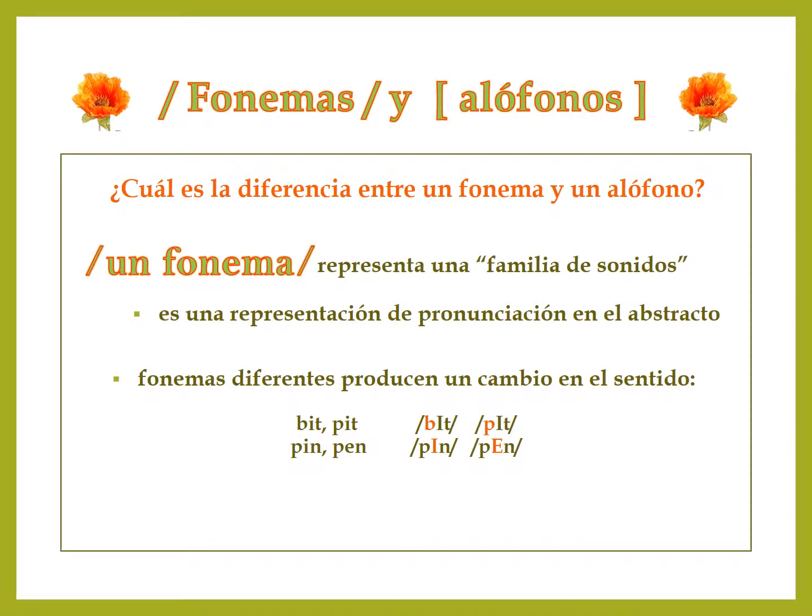So if you remember back to when we talked about minimal pairs, for most of us English speakers in the United States, this forms a minimal pair with the vowels being different. But in some areas of the South, they're both I, pin and pin. But for us, we have I and E as a phoneme, meaning if you change that phoneme, you're going to change the meaning of the word.